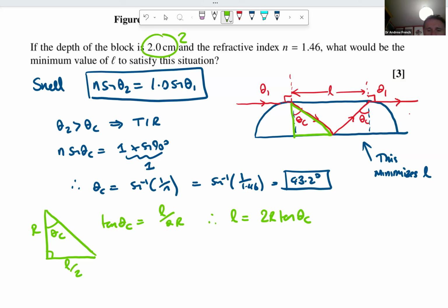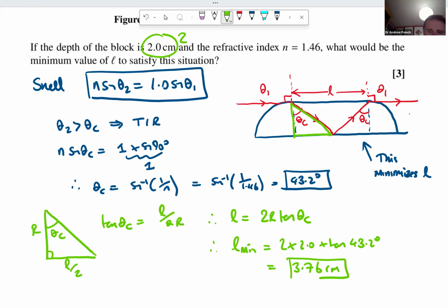So that's R, and we're kind of done. Therefore L min, if time is short, you could just do 2 times 2 centimeters times the tan of 43.2 degrees, which will give you 3.76 centimeters.